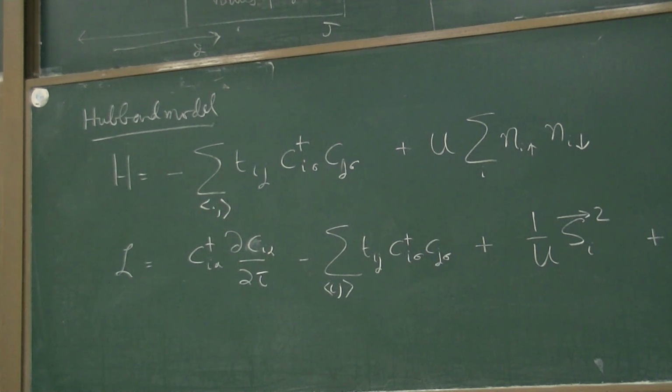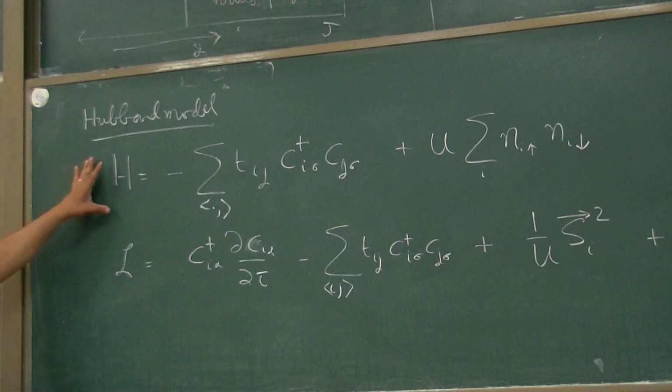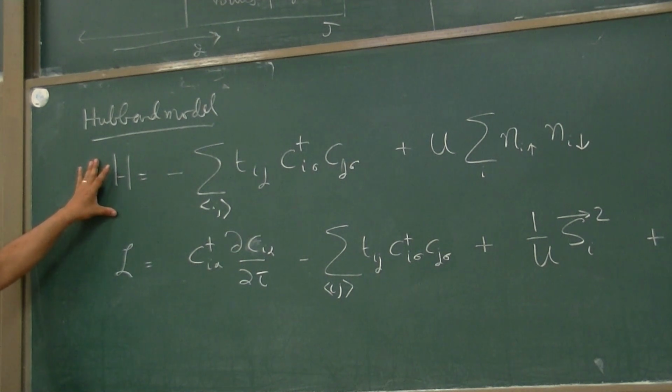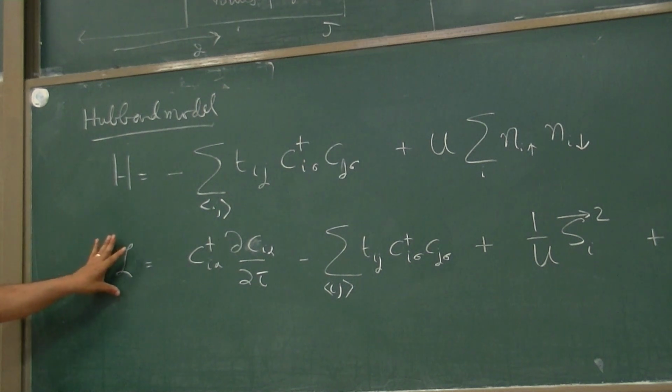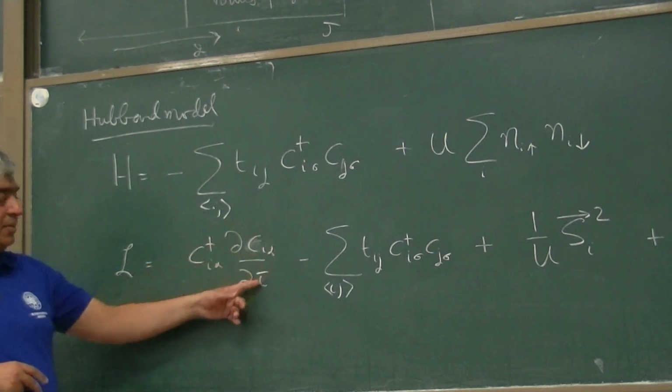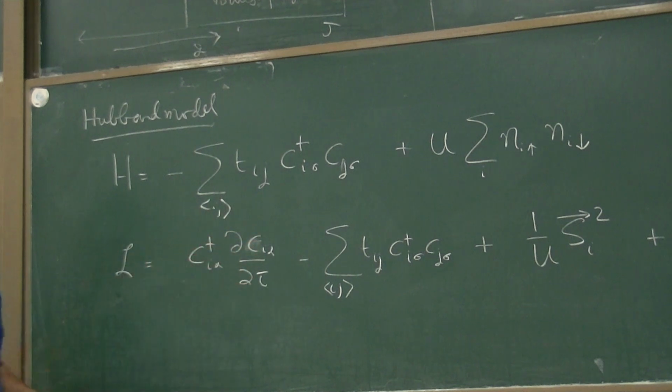So here's the Hubbard model written out, and for my purposes here, we want to transform the Hubbard model into a Lagrangian. When you go to the time formulation, the Lagrangian has this time derivative term for the electrons.